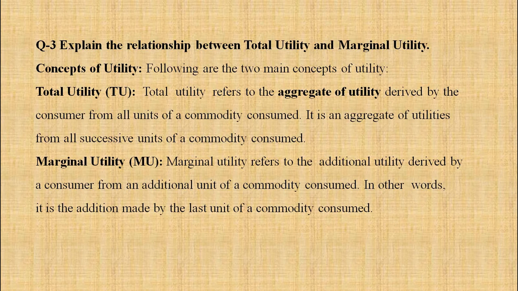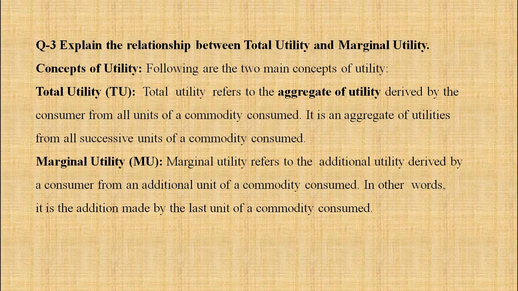Total utility, in short, is called TU, and marginal utility, in short, is called MU. Total utility refers to the aggregate utility, aggregate meaning total, derived by the consumer from all the units of the commodity consumed.